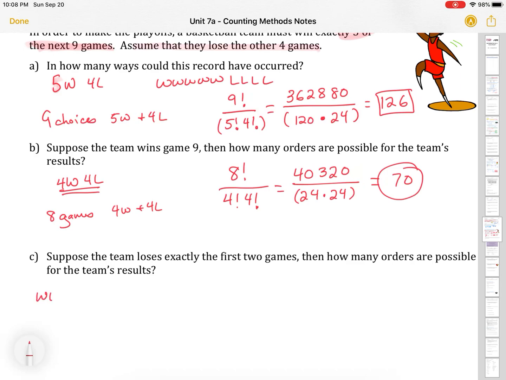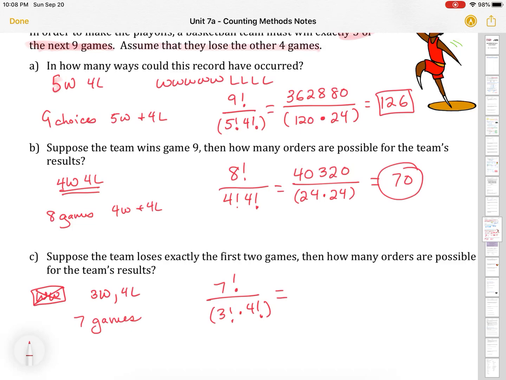Now, suppose the team loses exactly the first 2 games, then how many other orders are possible? So we take out those first 2, right? Because we know them. And then we have 3 wins and 4 losses. And there's 7 games, okay?